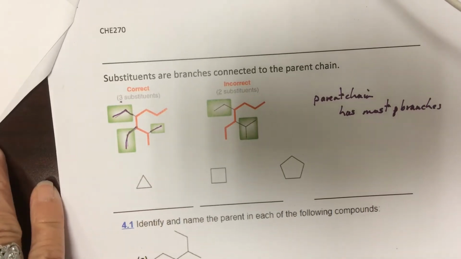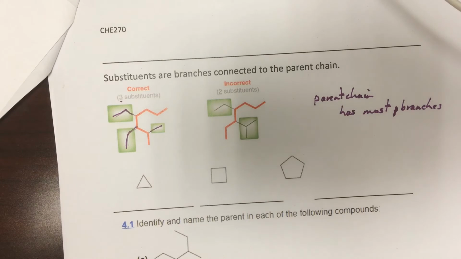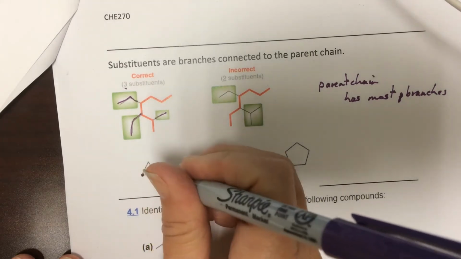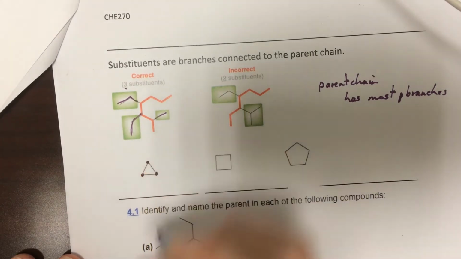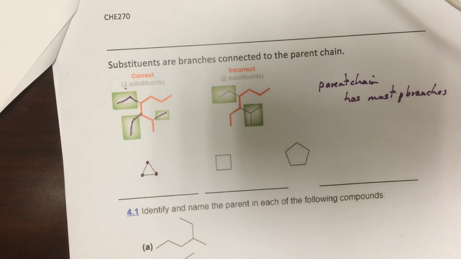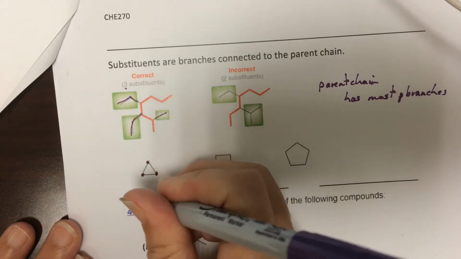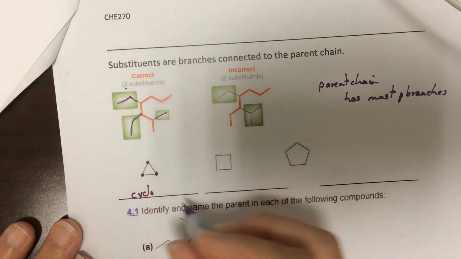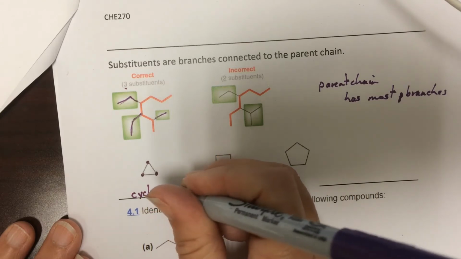Okay, we also need to name cyclic compounds, and we do that by just putting cyclo in front. So this is a 3-carbon compound that's in a circle, so we'll call it cyclo, and it's propane because it's 3 carbons.